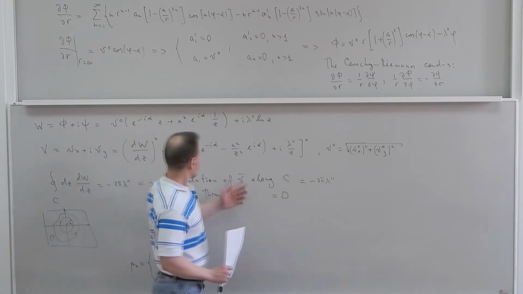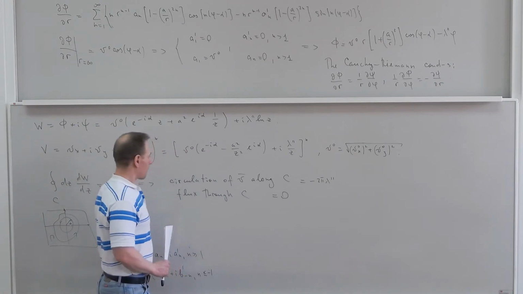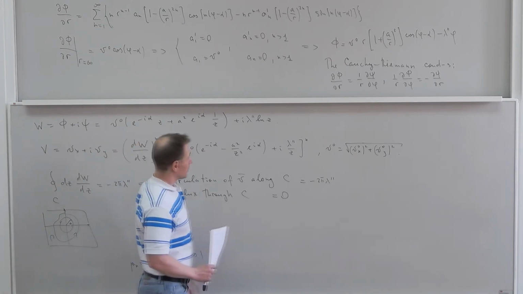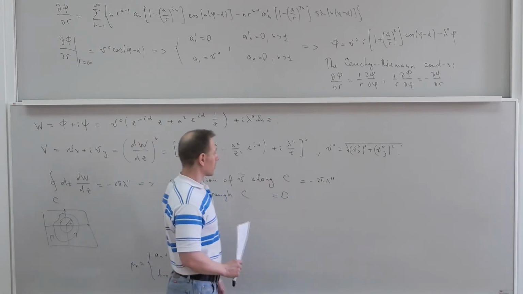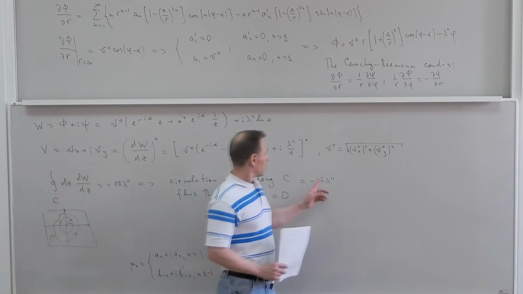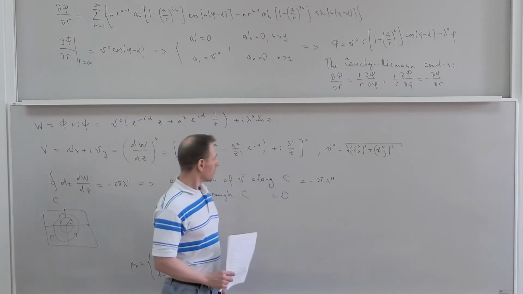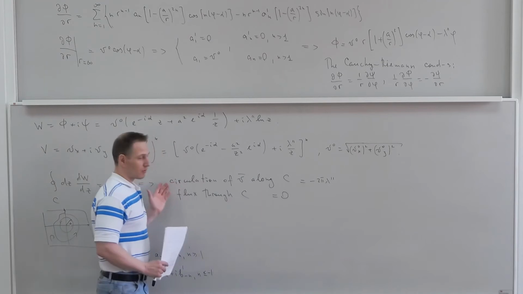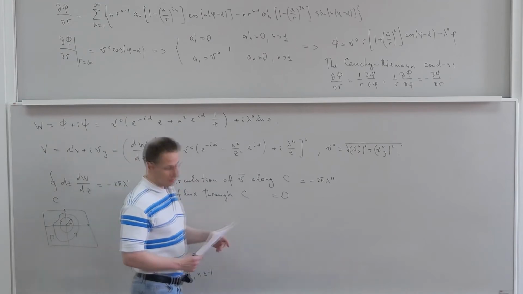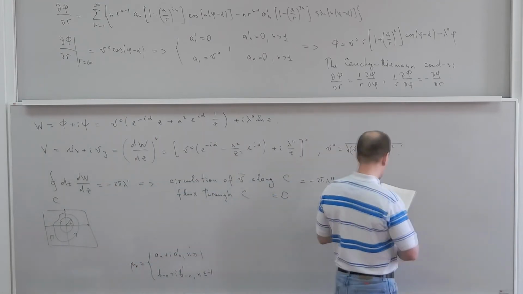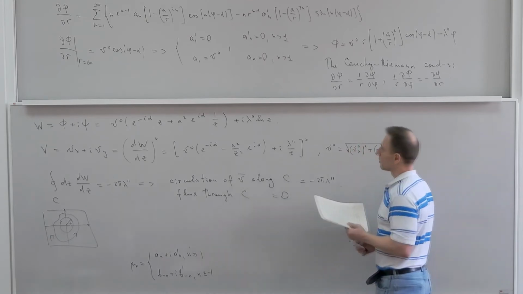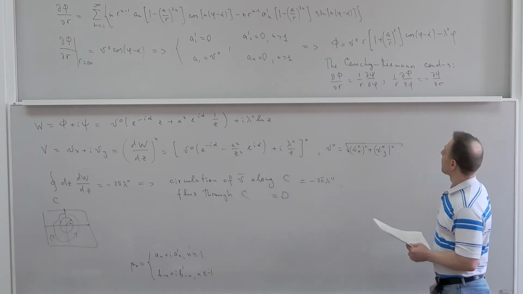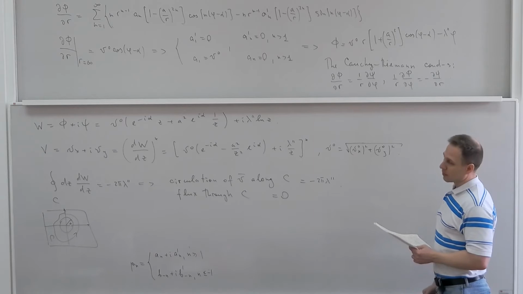And as for this result, we see that the constant lambda double prime characterizes the circulation of the vector field V around the contour C, and it should be specified in order to determine the solution uniquely.